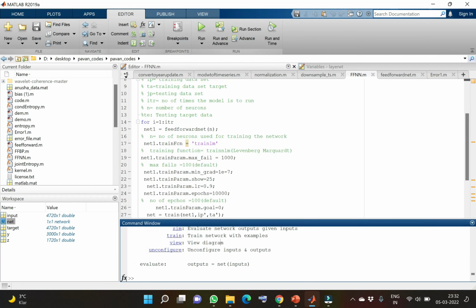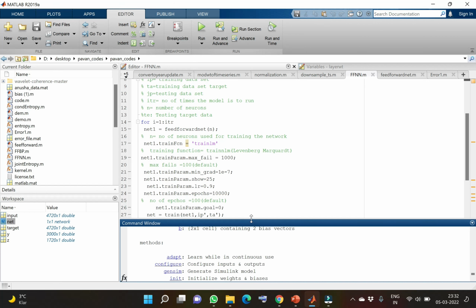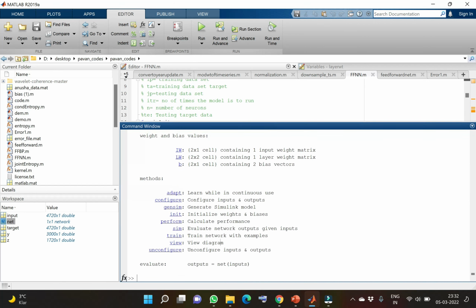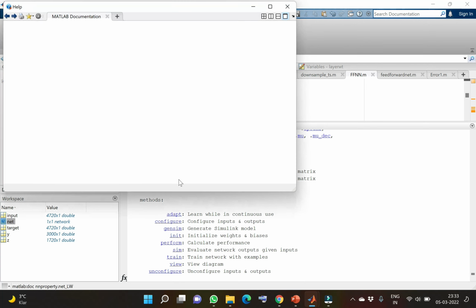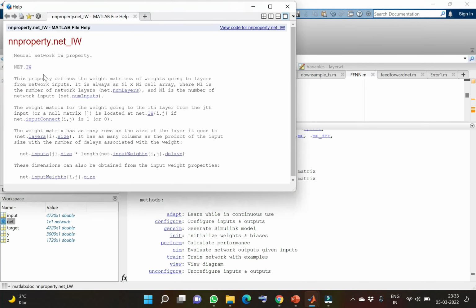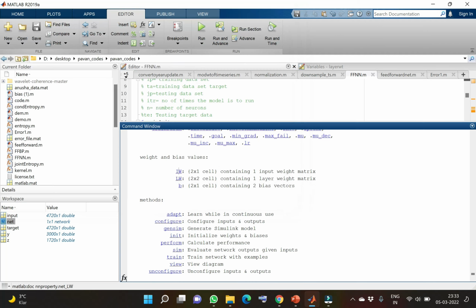If we go through the output we got in the command window, we can see the weights and bias section, where IW represents the input layer weights, LW represents the layer weights, and B represents the bias vectors.